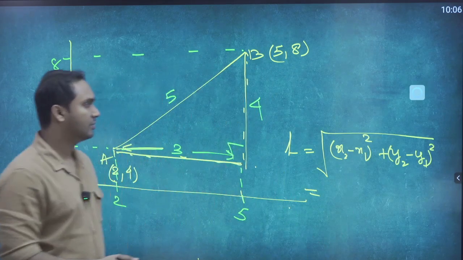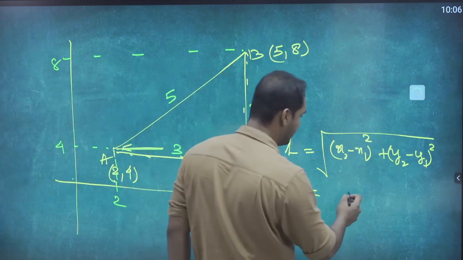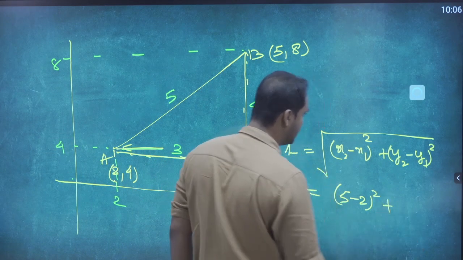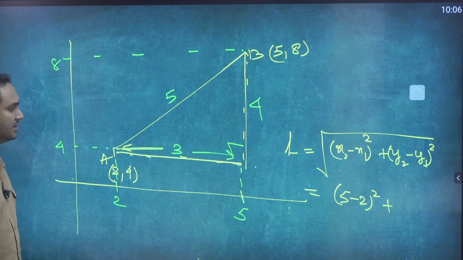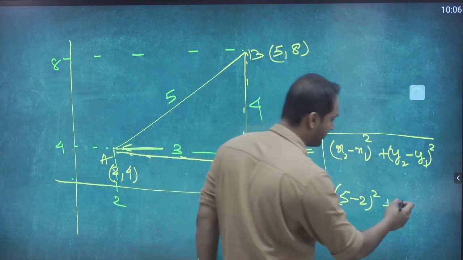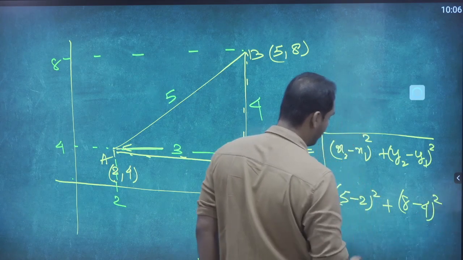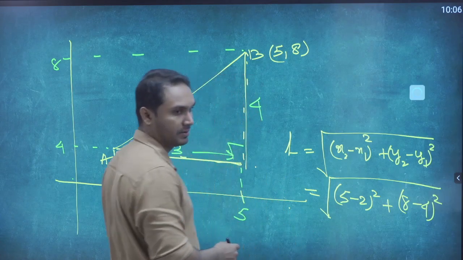The difference of two of the x coordinates will be 5 minus 2. Then you have to take the square of it, plus y2 minus y1 will be what? 8 minus 4, and the square of it, and take the whole square root of it.